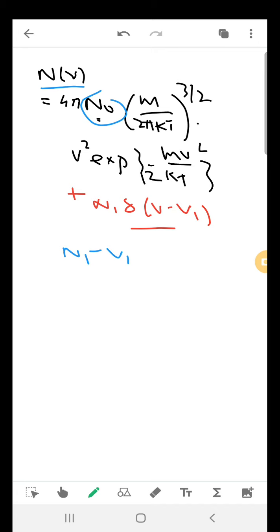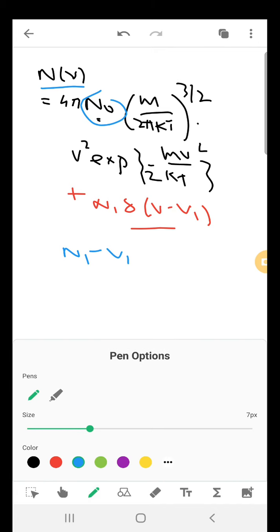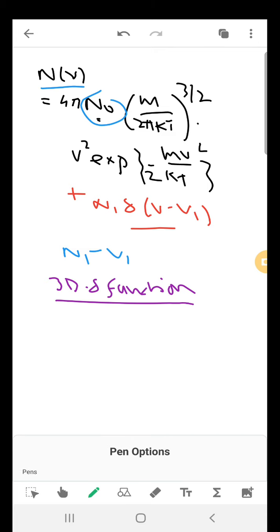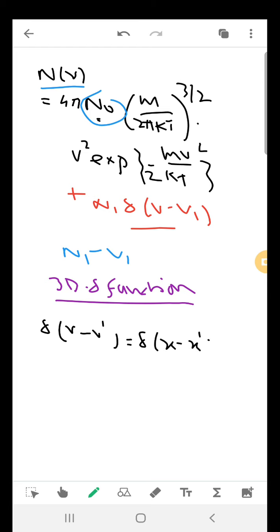And the next part is how to represent the Dirac delta function in 3 dimensions. It can be written as, instead of using x, we can use r. So the equation will now be delta r, which is a vector quantity, r minus r dash, is equal to delta x minus x dash into delta y minus y dash delta z minus z dash.